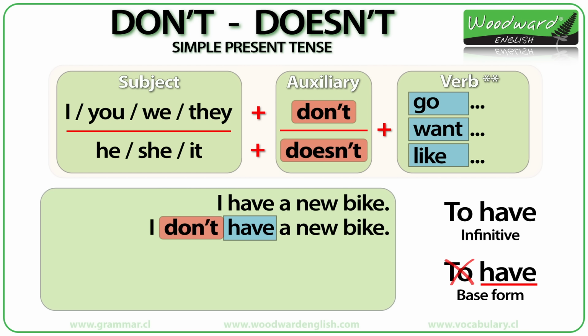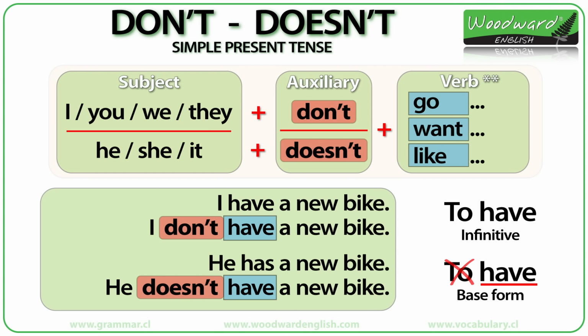But let's look at the third person sentence. For example, with he. He has a new bike. What is the negative form of this sentence? He doesn't have a new bike. We never say he doesn't has a bike. No, this is not correct.